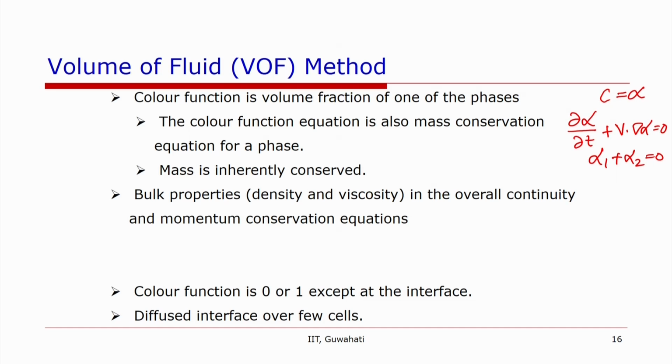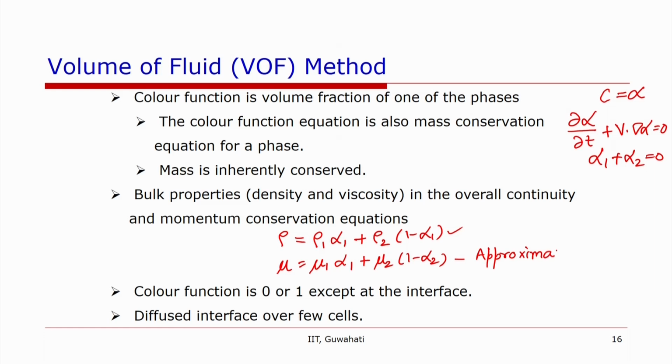And in this case, once we have obtained alpha, rho is equal to rho 1 alpha 1 plus rho 2 (1 minus alpha 1). Similarly, mu is equal to mu 1 alpha 1 plus mu 2 (1 minus alpha 1). While this is not exact, it is just an approximation, but generally works fine for most of the cases.